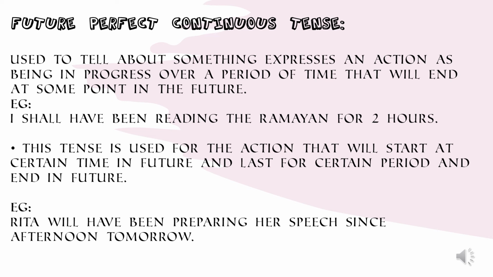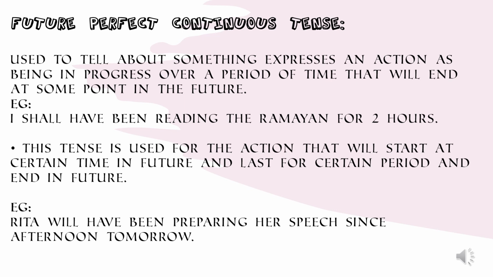Now comes the last sub-tense of the tense: future perfect continuous tense. Future perfect continuous tense is used to express an action as being in progress over a period of time that will end at some point in the future.